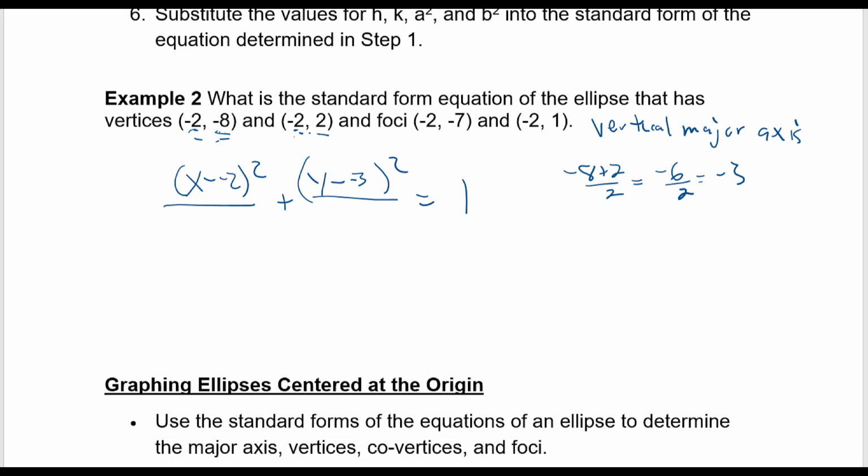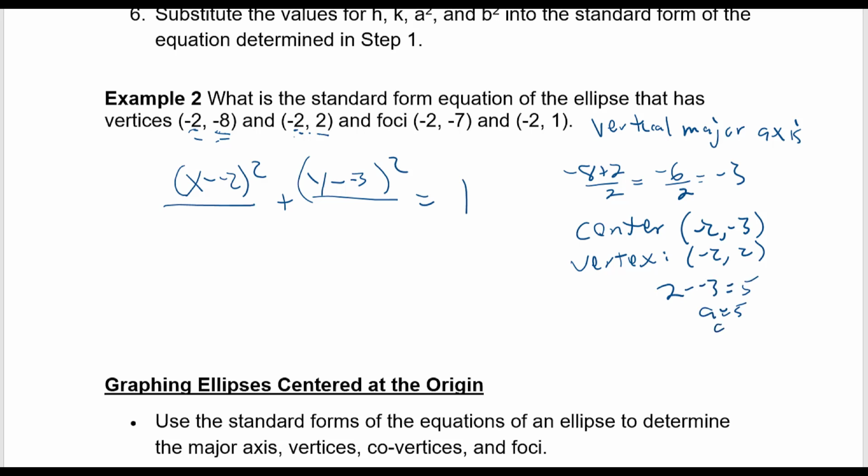And so like I said, if our center is at (-2, -3), and a vertex is at, let's just go with (-2, 2), well, we want to know how far apart those are. So how far is it from -3 to 2? 2 minus -3 is 5. So a must be 5. So a squared is 25. That's going to go here.